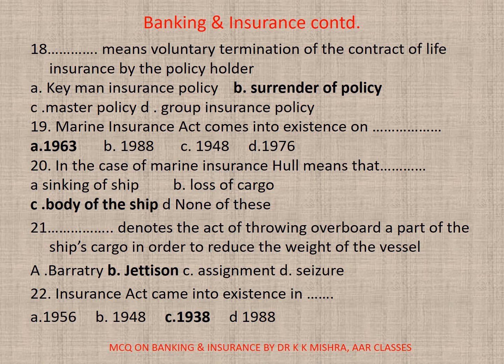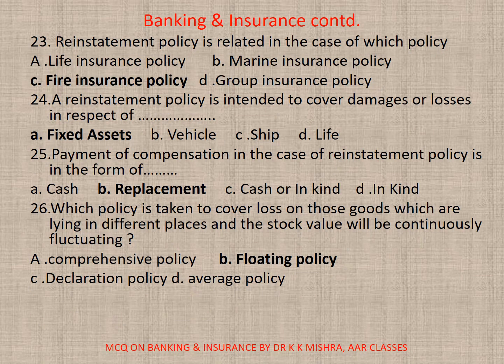22. Insurance Act came into existence in 1938. 23. Reinstatement policy is related in the case of which policy? A. Life insurance policy, B. Marine insurance policy, C. Fire insurance policy, D. Group insurance policy. Correct option is C. Fire insurance policy. 24.